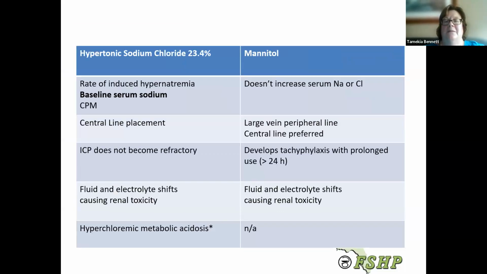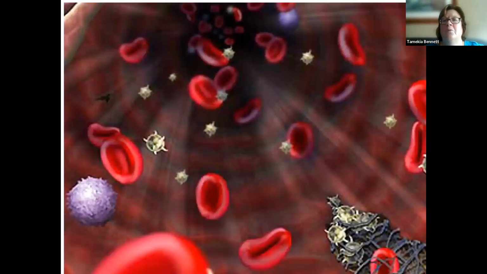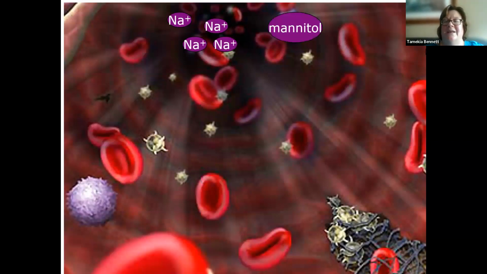And this is a comparison between mannitol, which we use elsewhere, and hypertonic saline in the neuro ICU at this high concentration. Because my target audience is non-neuro ICU practitioners, I think it's okay to present this. When we do 23.4% sodium chloride, we are putting sodium into the vasculature. Same thing with mannitol.